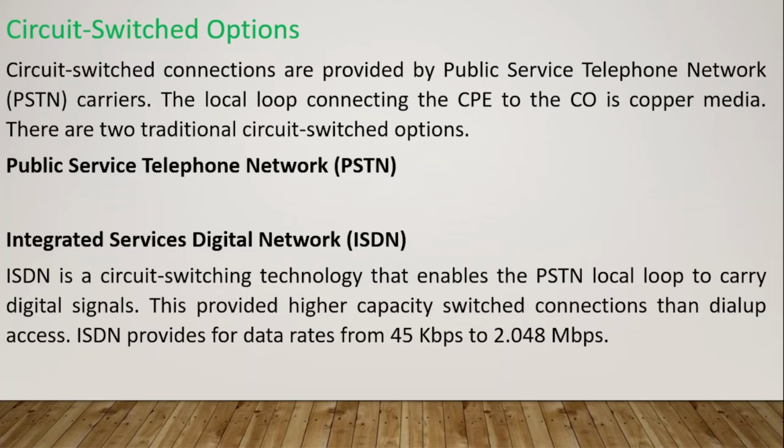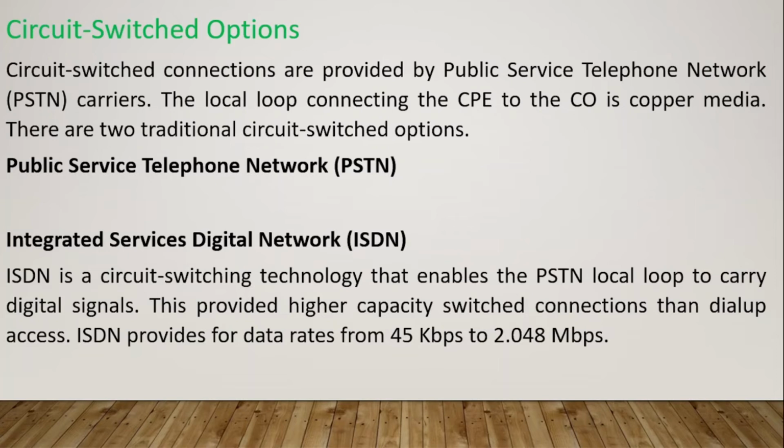And the other one under the circuit switch is the Integrated Services Digital Network, or ISDN. This is a circuit switching technology that enables the PSTN local loop to carry digital signals. So ISDN is a digital signal as compared to PSTN. This provided higher capacity switch connections than dial-up access.